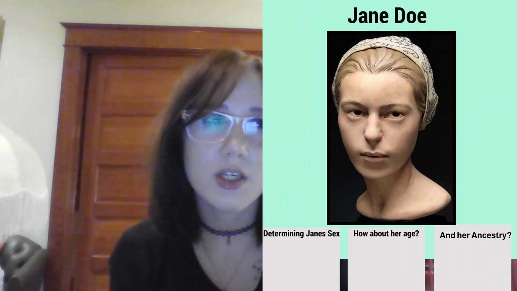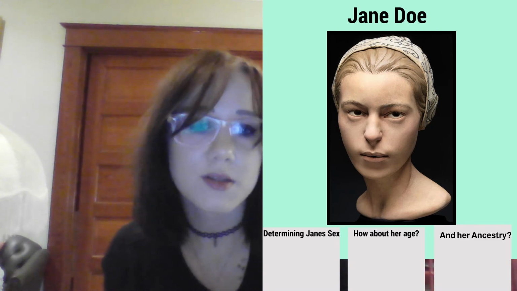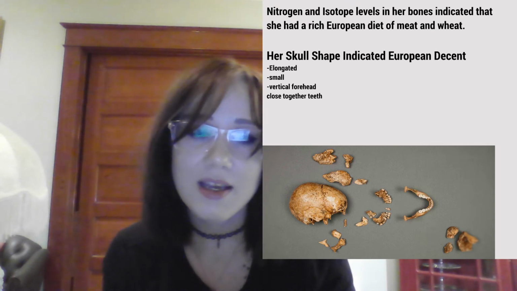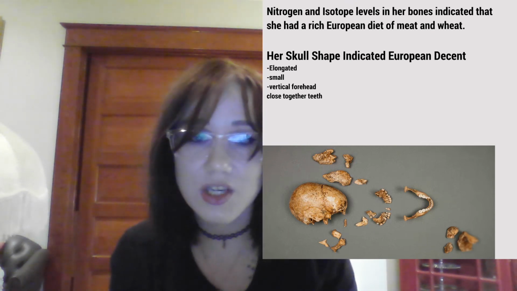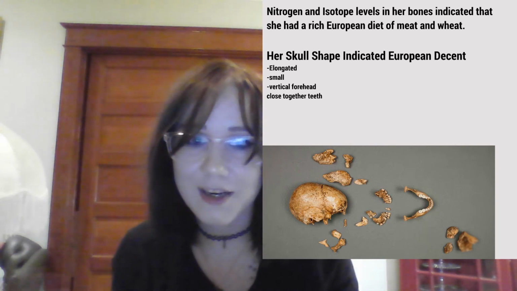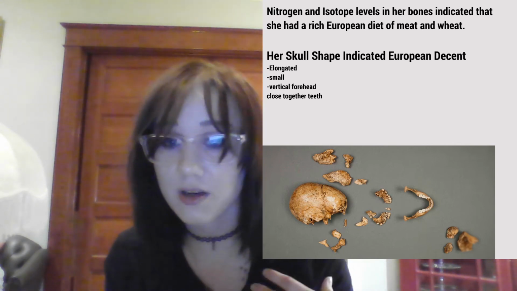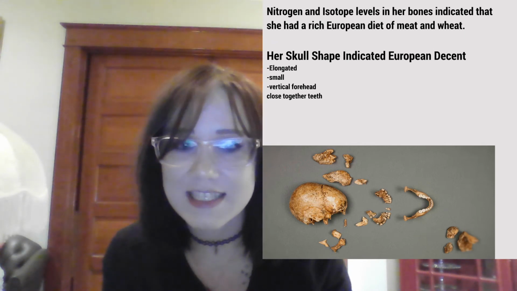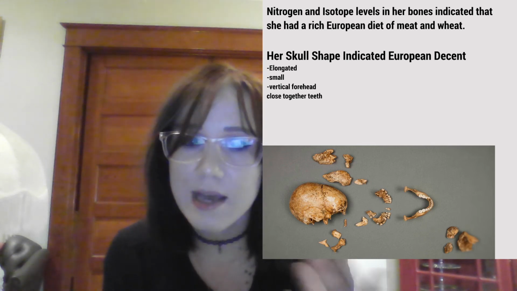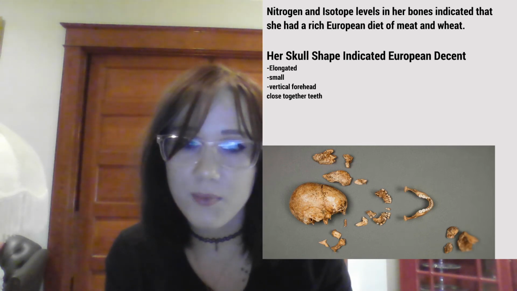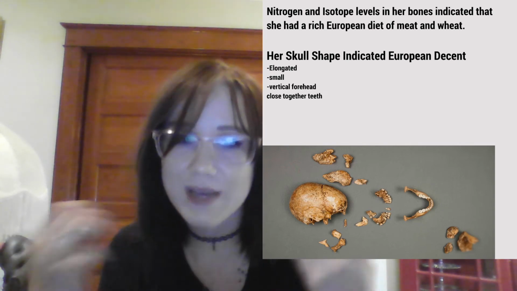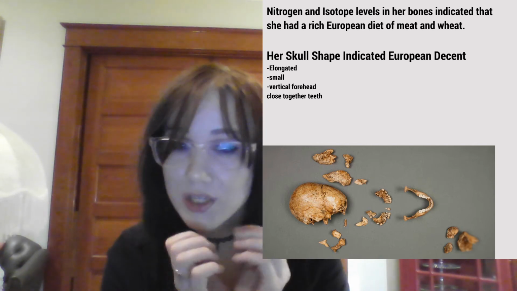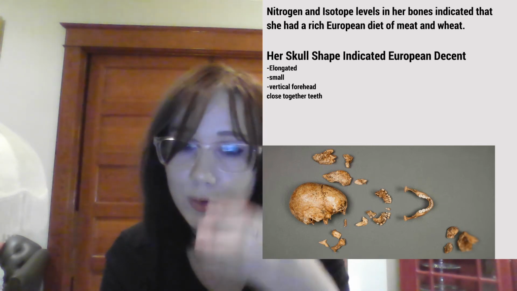Now, how do we know that she wasn't Native American, perhaps? Well, they were able to measure the nitrogen and isotope levels in her bones, which indicated that she had a rich European diet of meat and wheat that she had maintained for a substantial amount of time. While in Virginia, the diet tends to be more corn-based. They also used the shape of her skull, which indicated European descent, because Europeans tend to have longer faces that are slimmer, and they tend to have closer together teeth and more vertical foreheads.